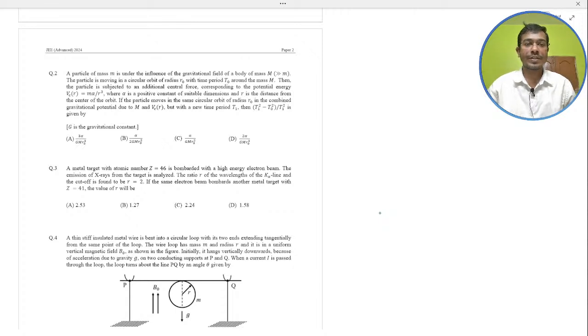A particle of mass m is under the influence of the gravitational field of a body of mass M, greater than m.